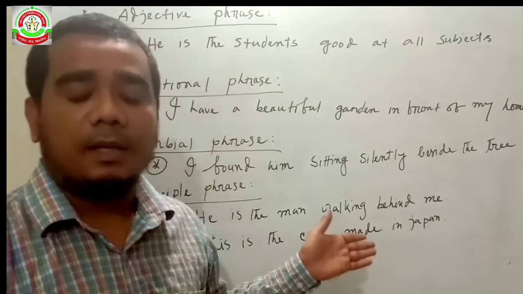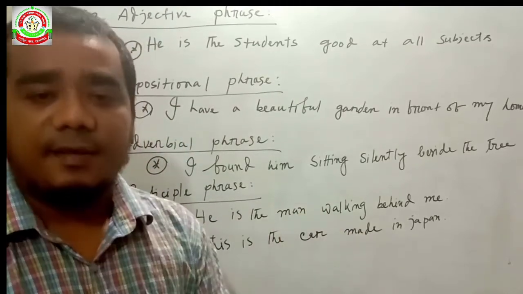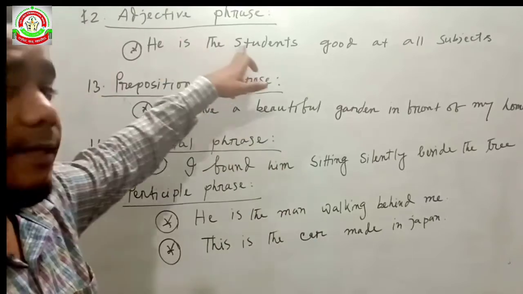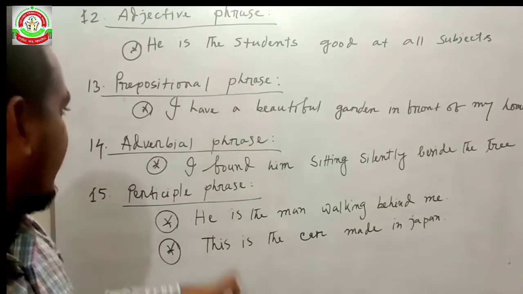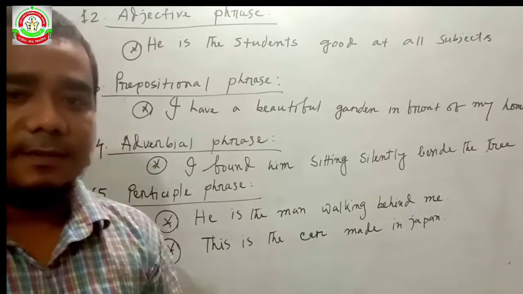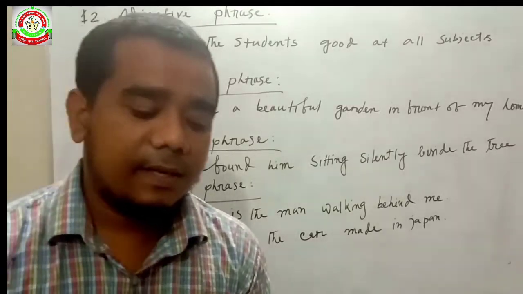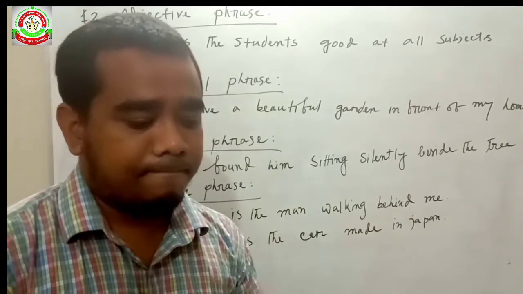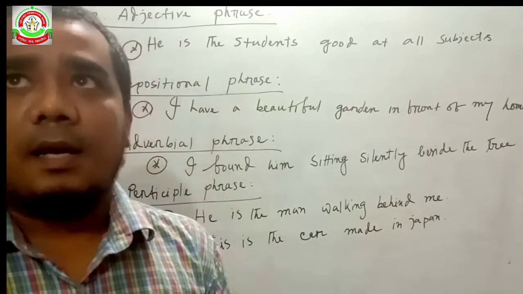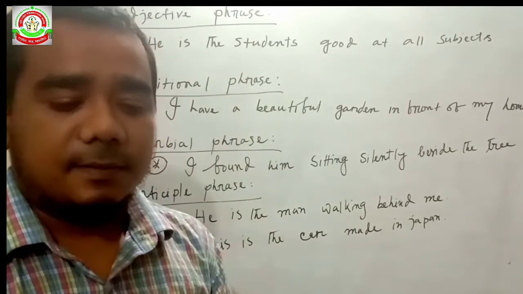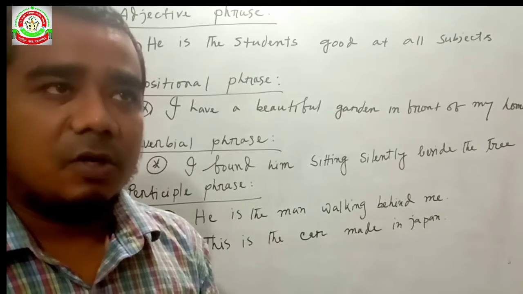Now we will talk about phrases. Here I have written adjective phrase, prepositional phrase, adverbial phrase, and participle phrase. You know, a phrase means a combination of words which express a clear sense about the sentence.